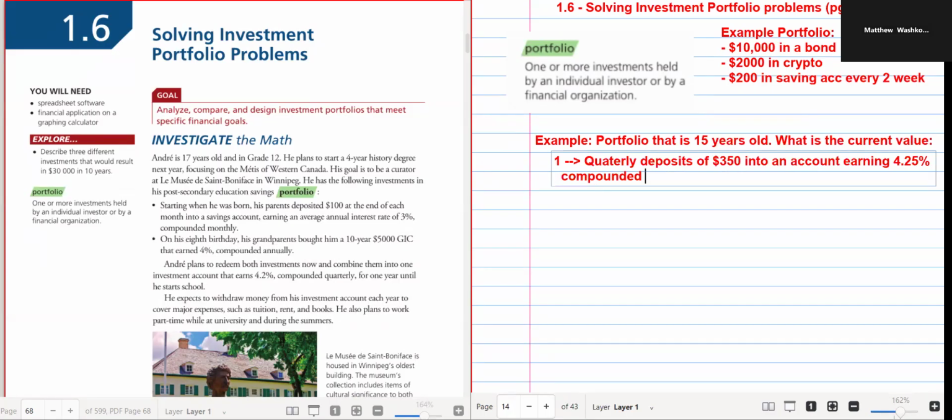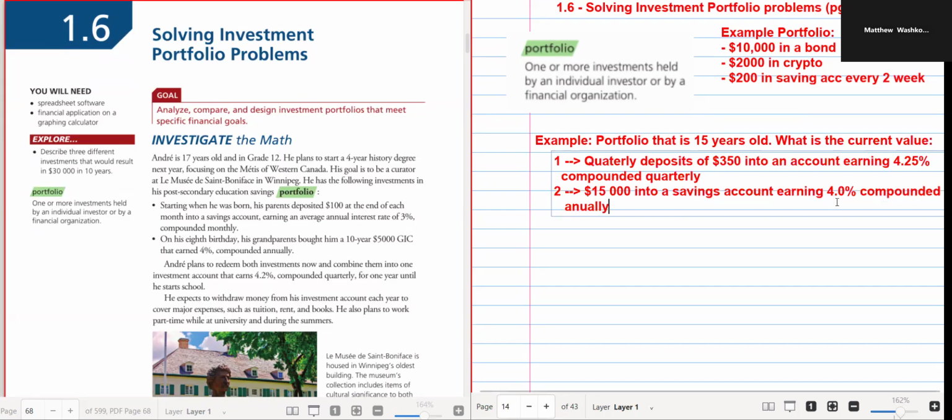compounded interest quarterly. Okay. And then our second thing in our portfolio is I dumped $15,000 into a savings account or an investment or whatever it is, earning 4.0%, so 4% interest compounded annually.